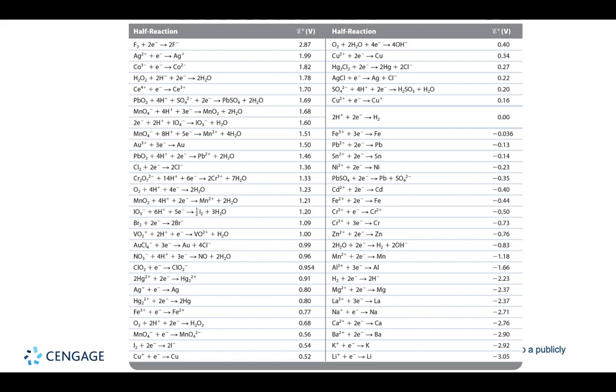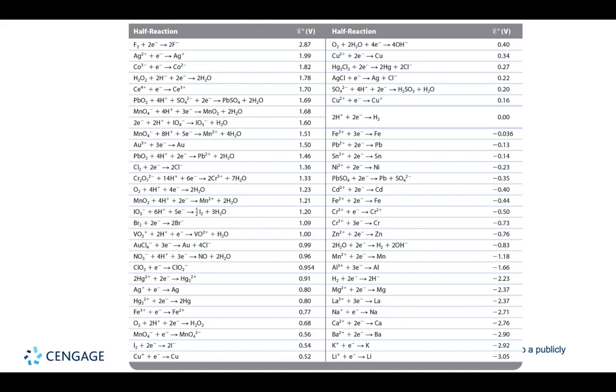Now, this particular chart right here would be one that you would want to keep a copy of or know where to find it in your notes, and also maybe use a copy out of the book. But this particular chart is a very important chart that we refer to in this chapter on electrochemistry. So it's kind of like using the back of the book, the appendix, to get delta G's and delta H's, but this is for finding the voltage of a particular battery.